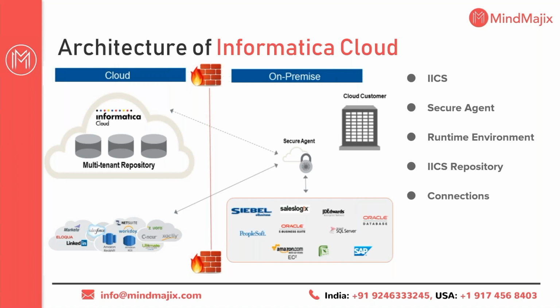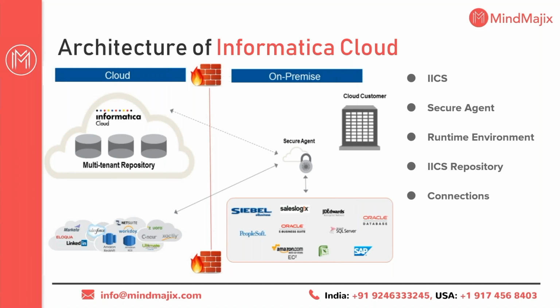And finally, the last aspect is the connections. These connections provide connectivity to on-premises as well as cloud applications. Informatica Cloud provides connectivity using different types of connections. For legacy or on-premises applications, we have a specific connector for each of them: Oracle, SQL Server, flat file, Teradata.